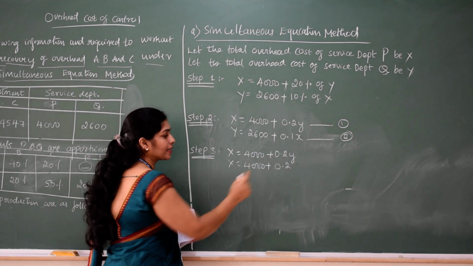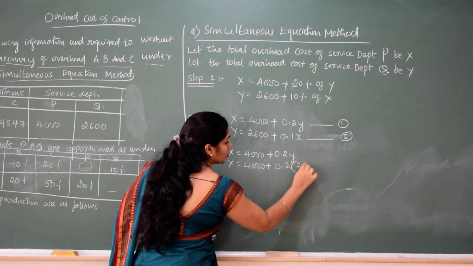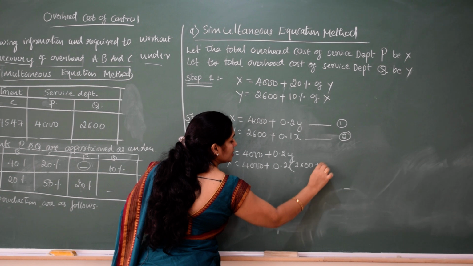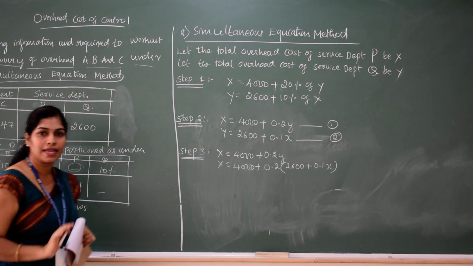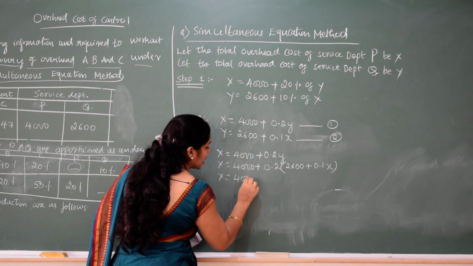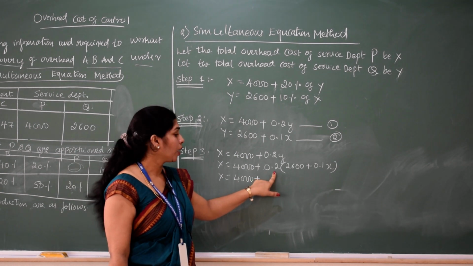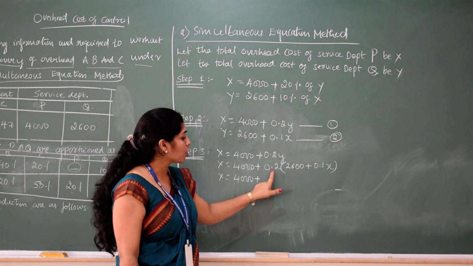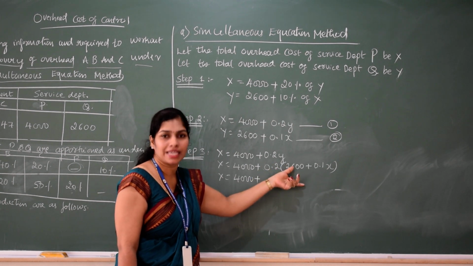We have to write the same values into the bracket for Y. Y is equal to 2600 plus 0.1X. Is it clear? Then again you have to simplify 4000 plus 0.2 into the bracket, which means we have to multiply these terms.